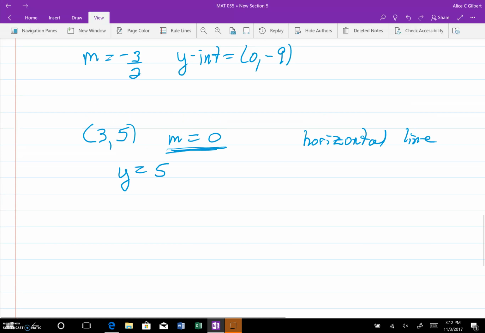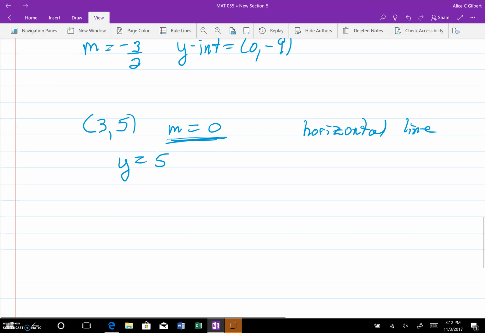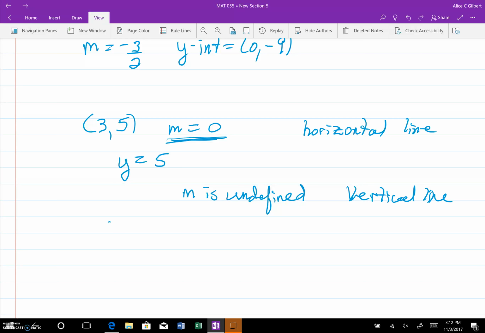If it had asked for a vertical line, the slope would be undefined. So it could tell you that, or it could say going through the point 3, 5 and a vertical line. Then again, just think, oh, that's just x equals, pick up the x, and we've got it.